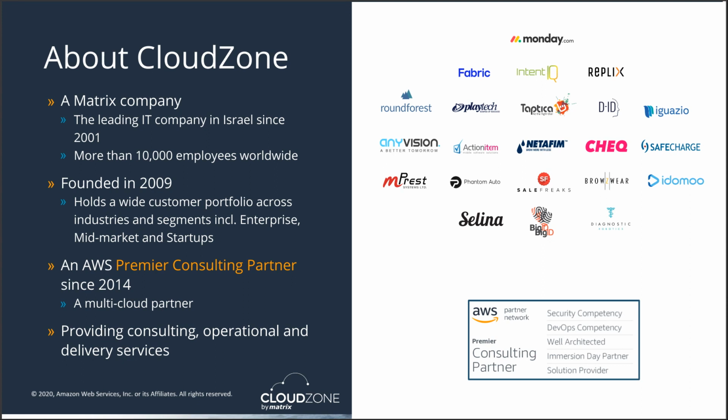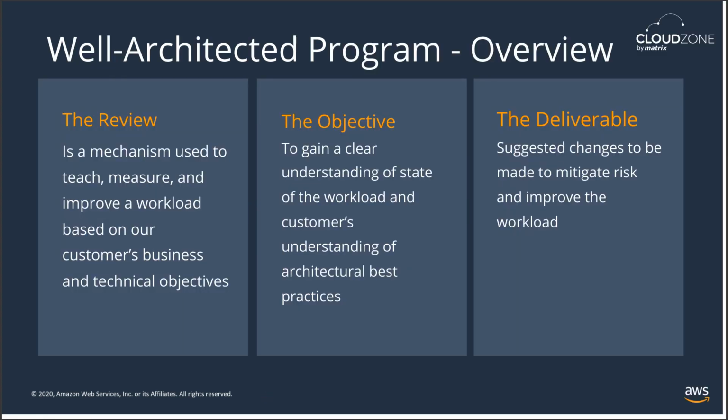So, Ori, what is the well-architected program all about? Cool. If the well-architected framework is the goal, then the well-architected program is actually the fastest way to get there. It's very basic, and it entails a review, a well-defined mechanism that helps us gain a clear understanding of the state of the workload and the architectural decisions that have been taken there.